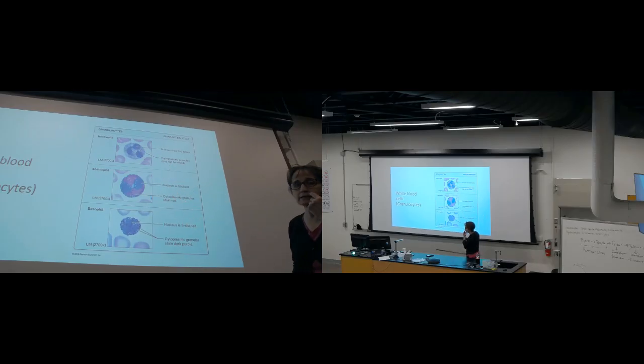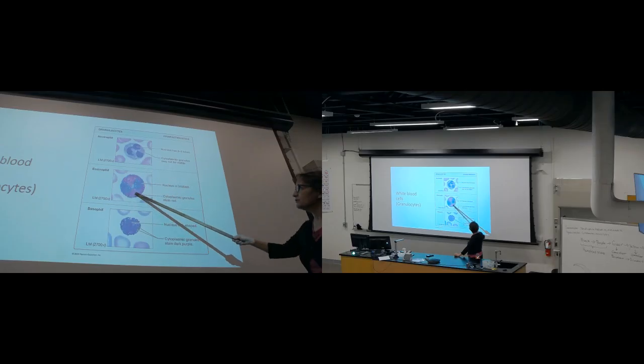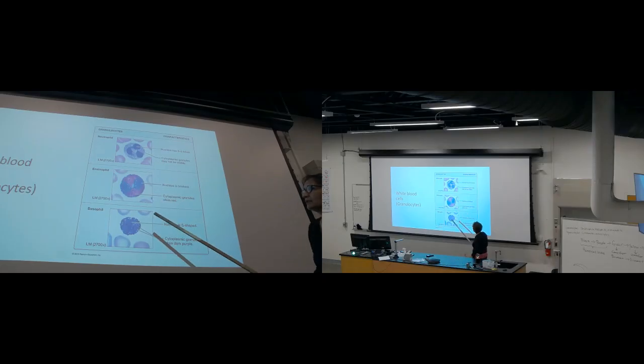In these granules, they have enzymes, and they are capable of producing reactive oxygen species that can kill microorganisms. Here we have an eosinophil that has 2 lobes and abundant granules in its cytoplasm, and these granules stain red.